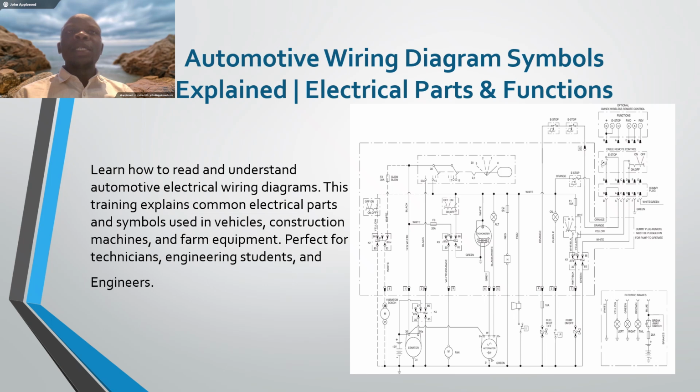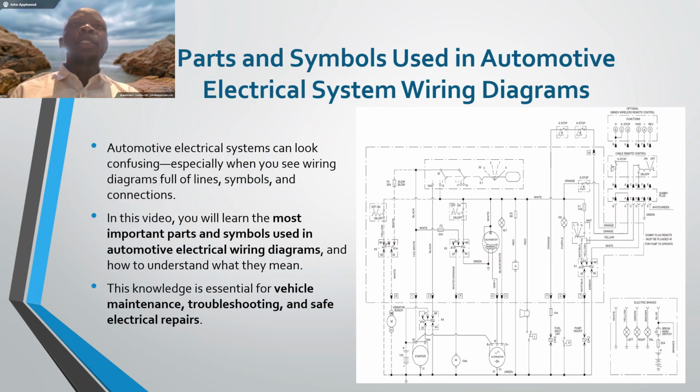This training explains common electrical parts and symbols used in vehicles, construction machineries, and farm equipment, perfect for technicians, engineering students, and engineers, and also managers who are mostly managing people carrying out these repairs. Parts and symbols used in automotive electrical system wiring diagram.